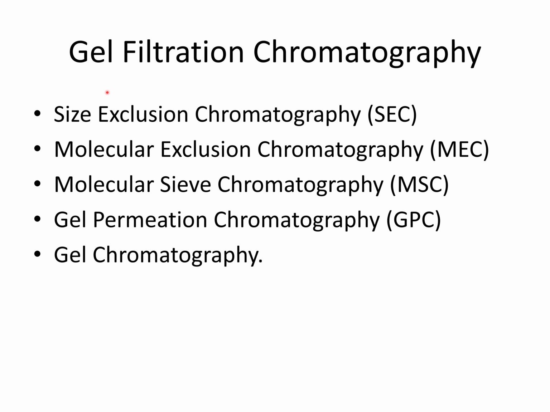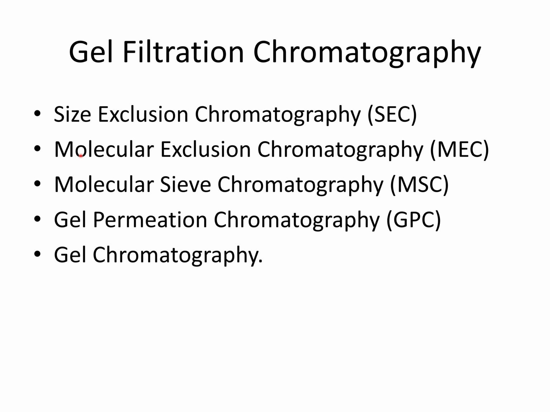So these are some synonyms of gel filtration chromatography. The first one is size exclusion chromatography. As the name suggests, size exclusion means the particles or molecules are separated based on their size.